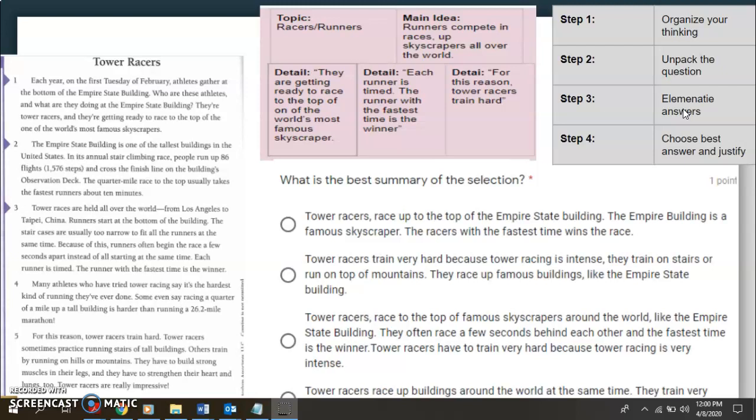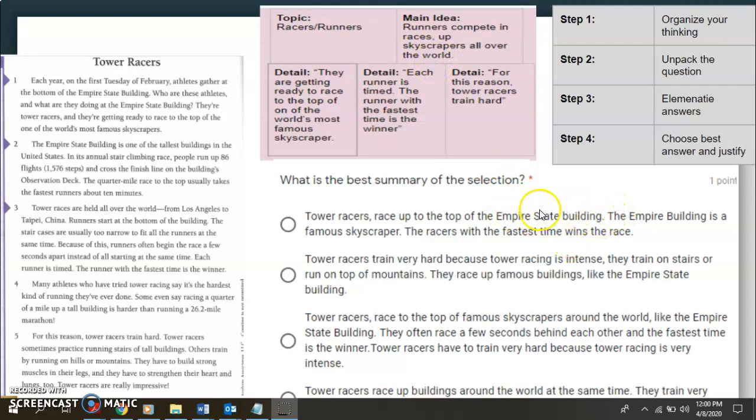So A says, tower racers race up to the top of the Empire State Building. The Empire State Building is a famous skyscraper. The racer with the fastest time wins. So my main idea is that they compete in races up skyscrapers all over the world. It does say that tower racers race up to the Empire State Building, but my main idea says world and not the Empire State Building.